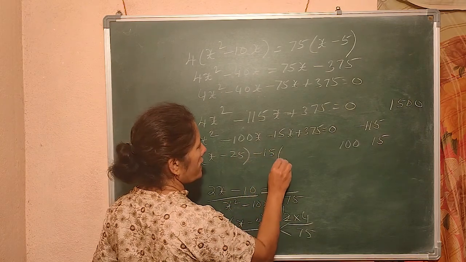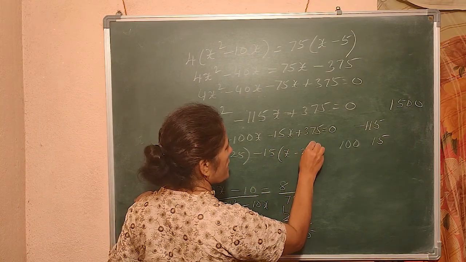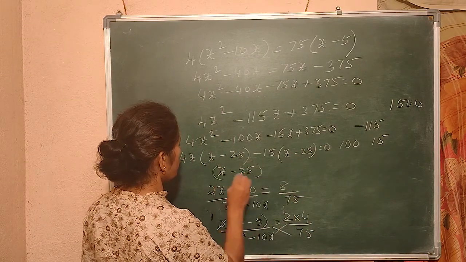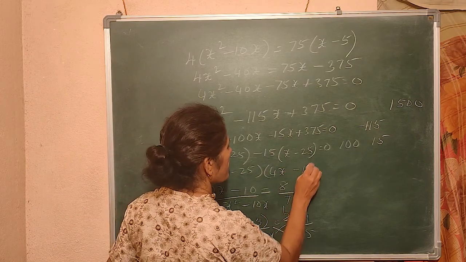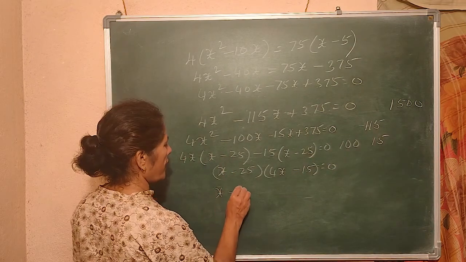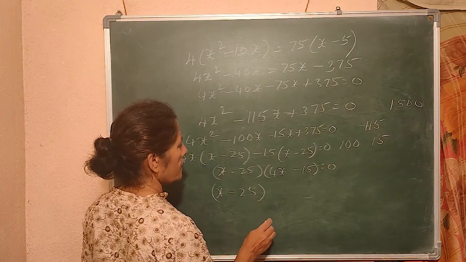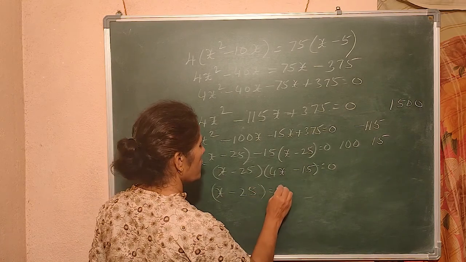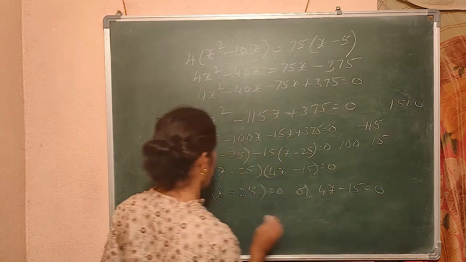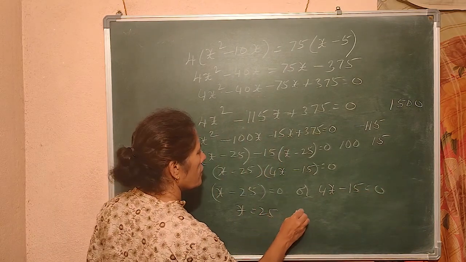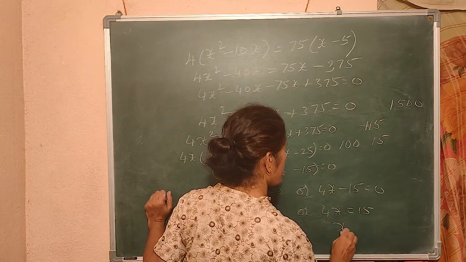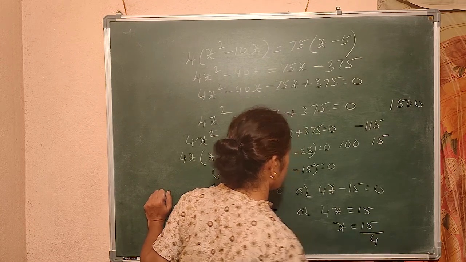Minus 15 is common: x minus 25 is equal to 0. So x minus 25 into 4x minus 15 is equal to 0. So x minus 25 is equal to 0 or 4x minus 15 is equal to 0. x is equal to 25 or 4x is equal to 15, x is equal to 15 divided by 4.